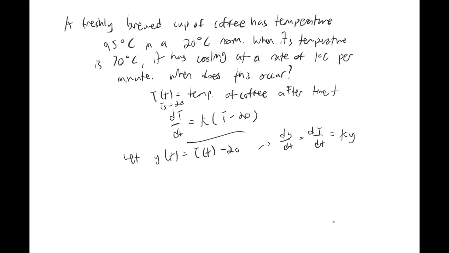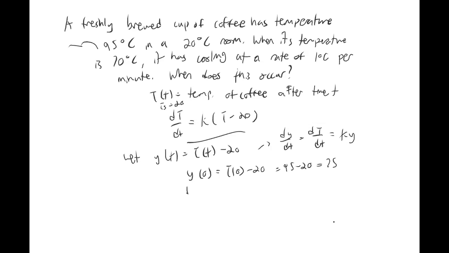And what is y of 0? Well, y of 0 is T of 0 minus 20. What's T of 0? At the beginning, it's 95, so it's 95 minus 20, it's 75.